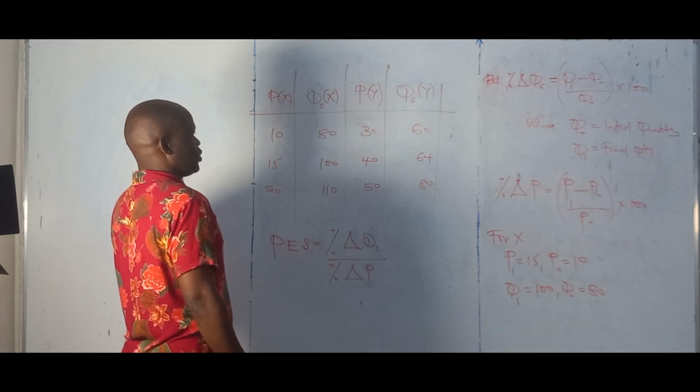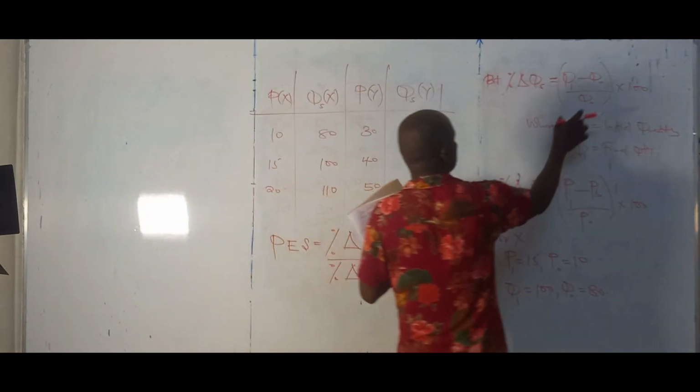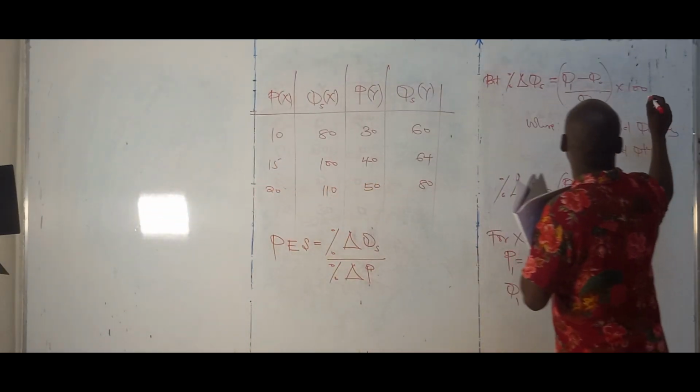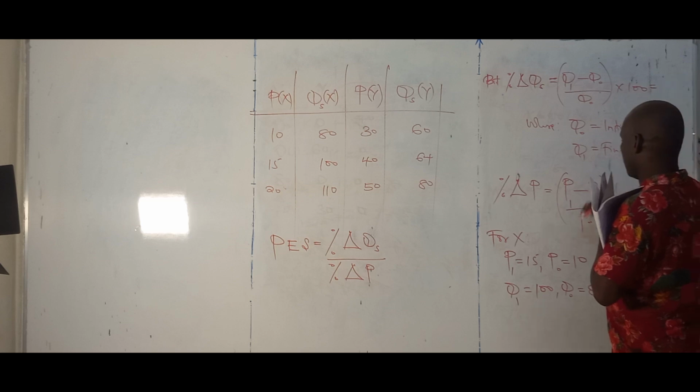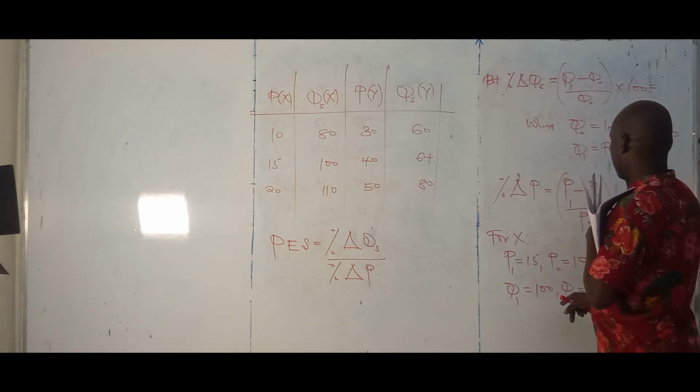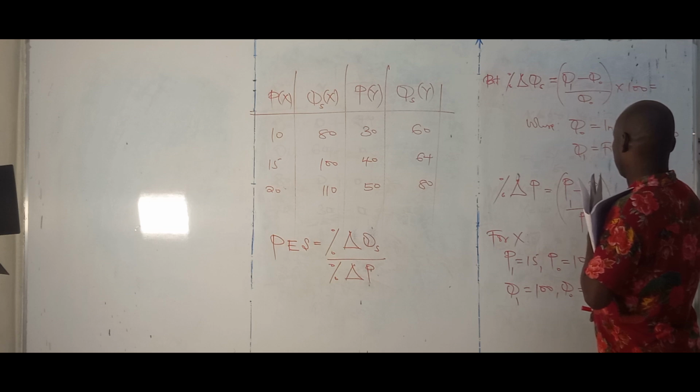So what is the percentage change in quantity? In that case, this will be 100 minus 80, which is 20, divided by 80.